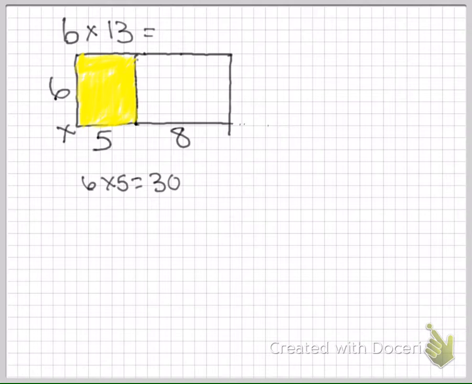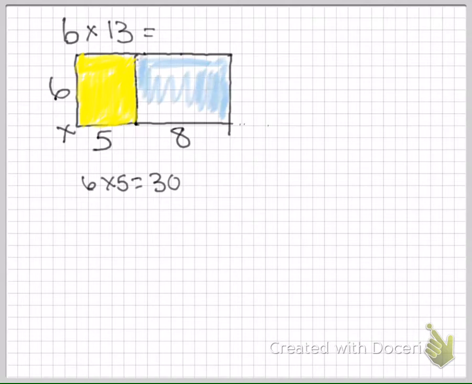Now on the other side, when I multiply 6 times 8, I'm doing all of these boxes.